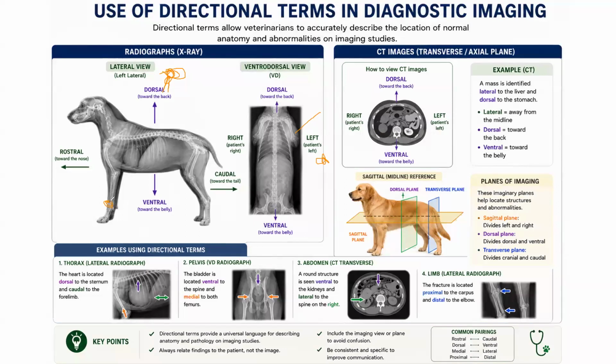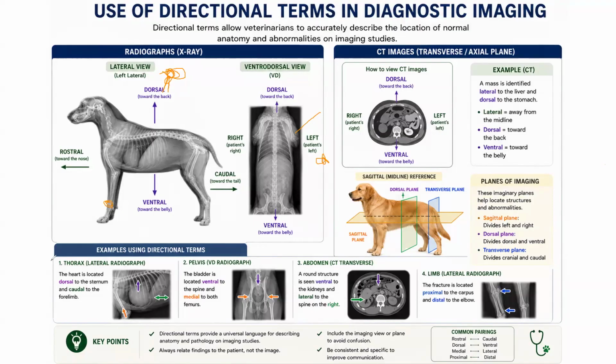When they put the probe on the abdominal region, you'll be able to know where the uterus is found and know what you are seeing. So directional terms are very important and you should learn them. Okay, these are among the reasons why it's important.